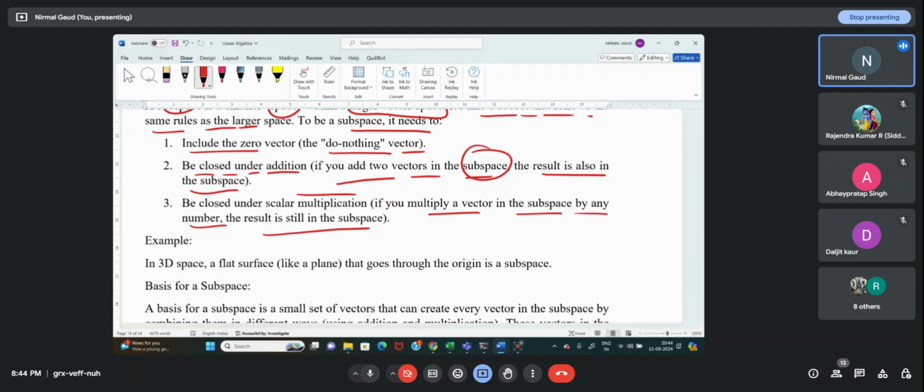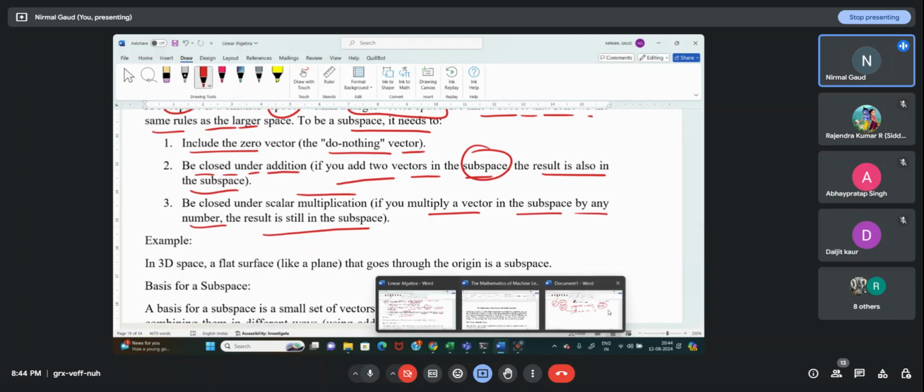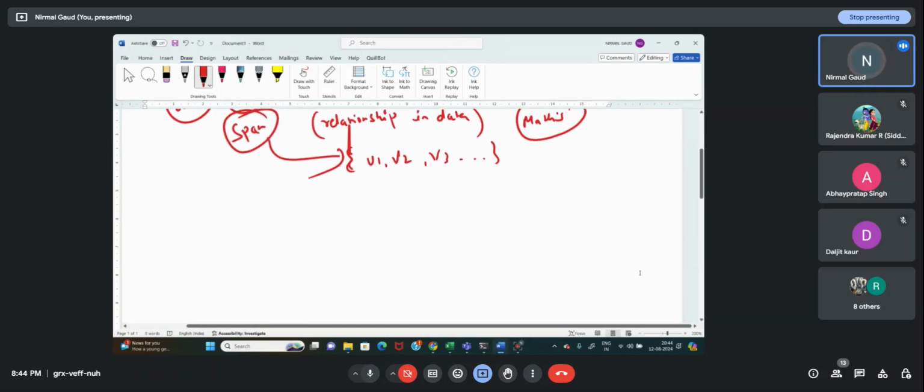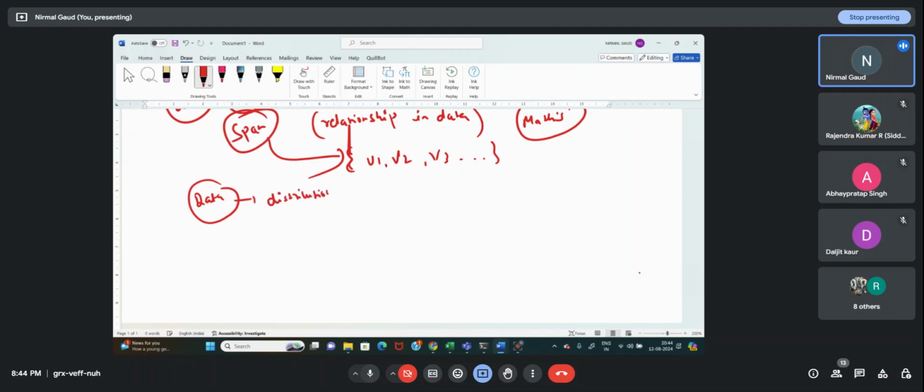Now again, why are we considering this particular thing? See, everything revolves around the data, around the distribution of it, and we are looking forward to simplify the understanding of the data.